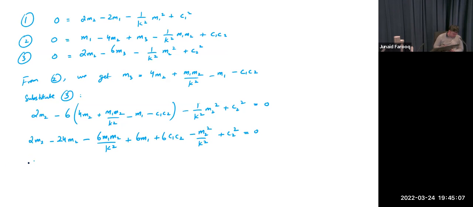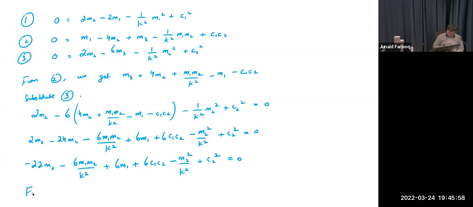So we further simplify this, it's going to be minus 22 m2 minus 6 m1 m2 over k squared plus 6 m1 plus 6 c1 c2 minus m2 squared over k squared plus c2 squared. Okay, that's where we end.